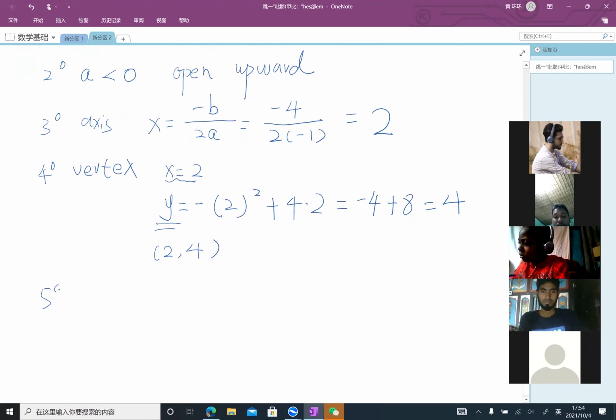And then we can get what? We can get the x-intercept.